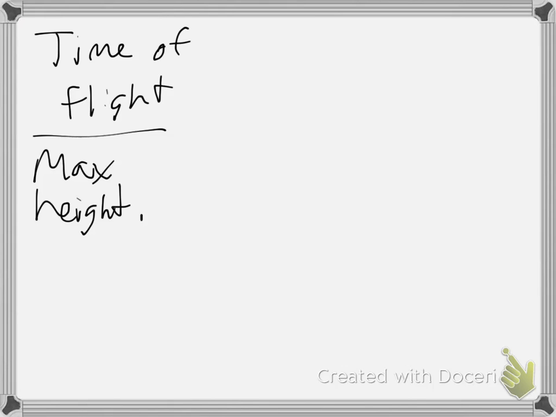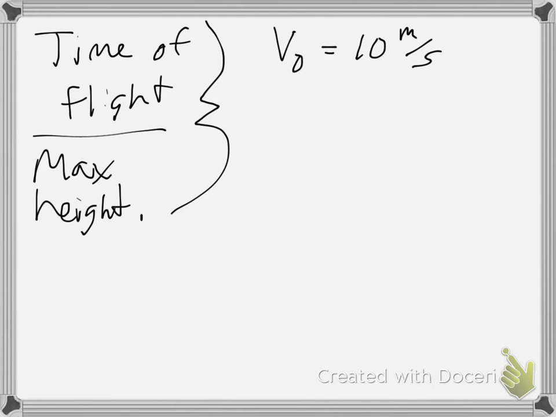Okay, so for any given arbitrary velocity, and let's just do an example that's different from the one we did, I'll show you how to get both of these from that information. Okay, so let's say that we have an initial velocity of 10 meters per second.